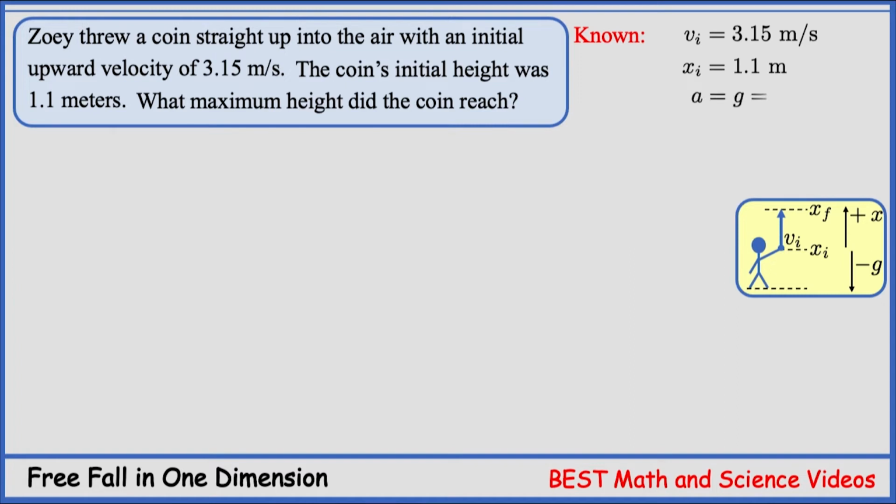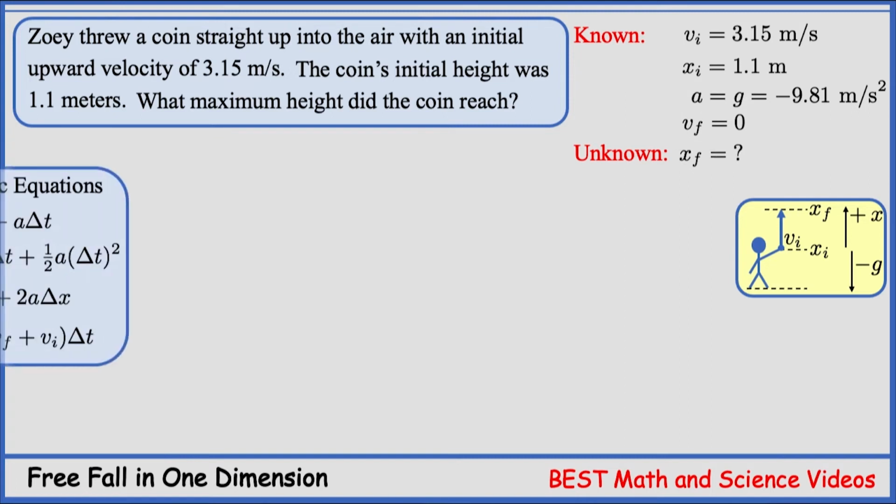So its acceleration is negative 9.81 meters per second squared. We also know that at its maximum height, the coin's velocity, Vf, is 0. This isn't stated in the problem, but we know it must be true because the coin must stop momentarily before falling back down. And what is unknown? We need to find the coin's maximum height, xf.